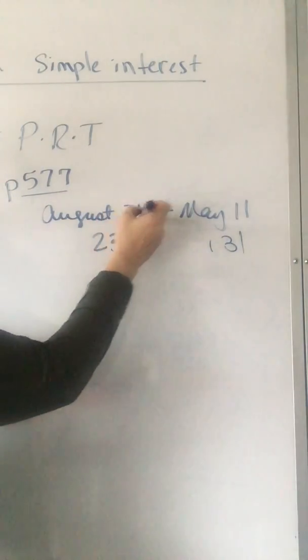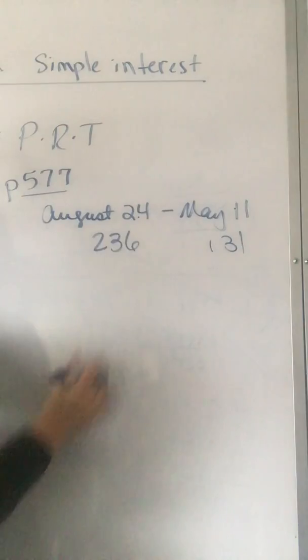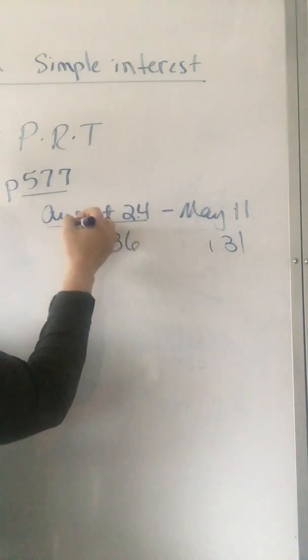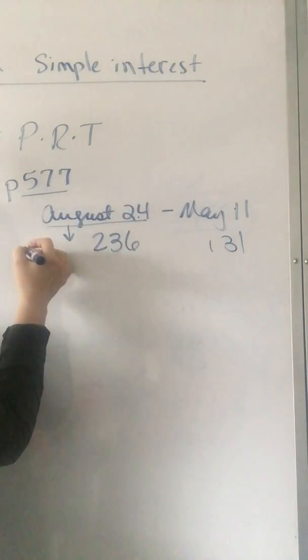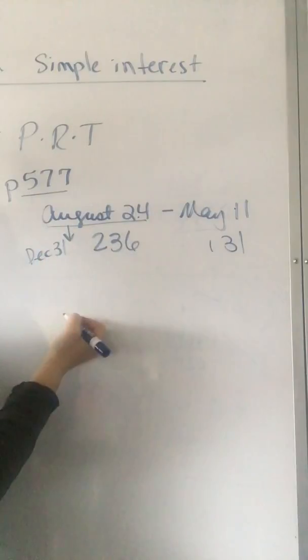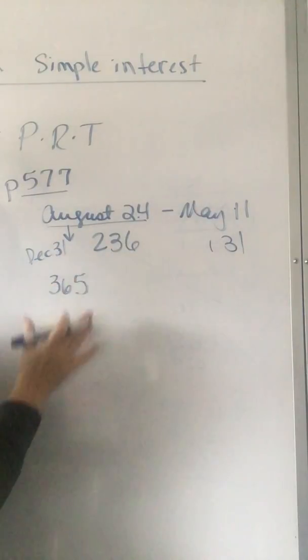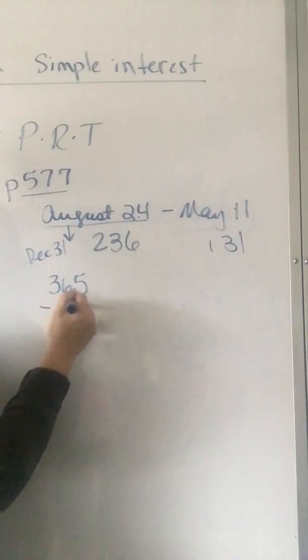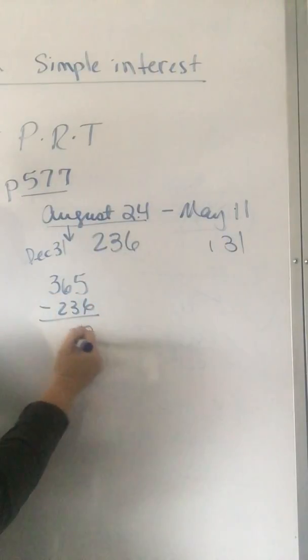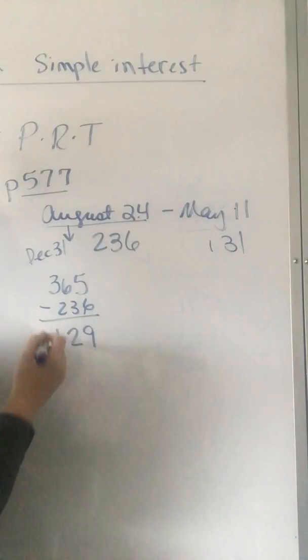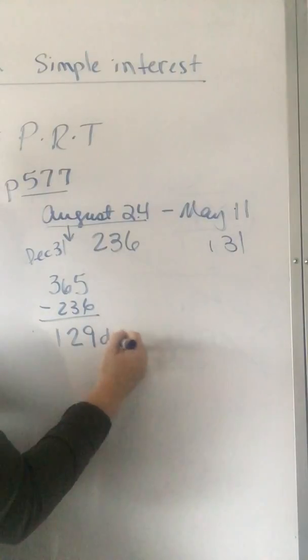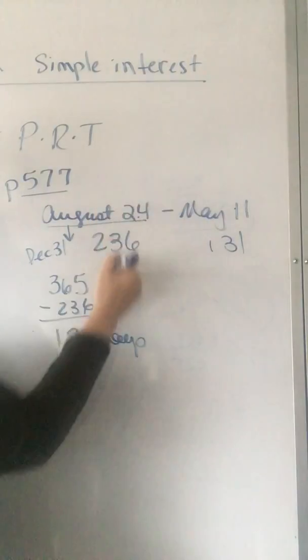Well, how long would it be from August 24th to May the 11th? Well, those are in different years, so to get to the end of the year, December 31st, we're going to say December 31st is the 365th day of the year. We're assuming it's not a leap year. And then minus the 236, what is that? 129 days. So we got 129 days left to go in that year.